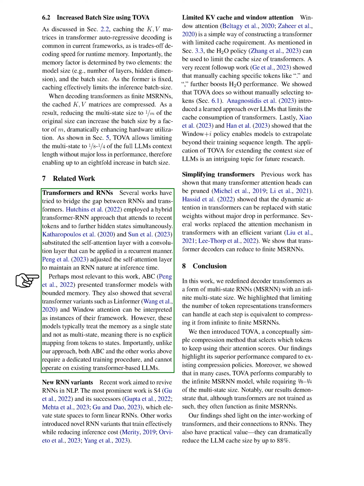One particularly relevant work presented transformer models with bounded memory. They showed that several transformer variants can be interpreted within their framework. However, these models typically treat memory as a single state, not as multi-state, meaning there's no explicit mapping from tokens to states. Unlike our approach, these models require a dedicated training procedure and can't operate on existing transformer-based language models.